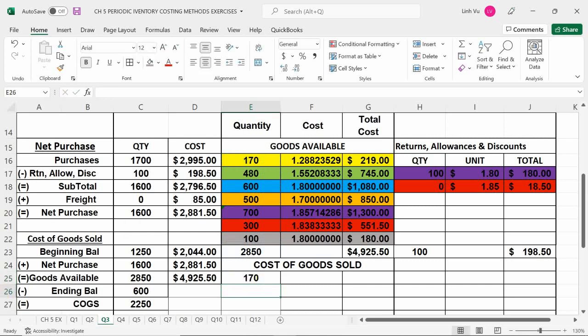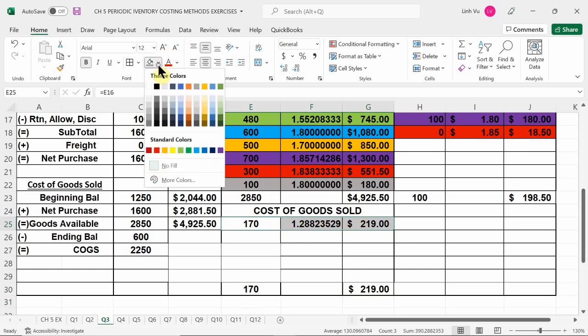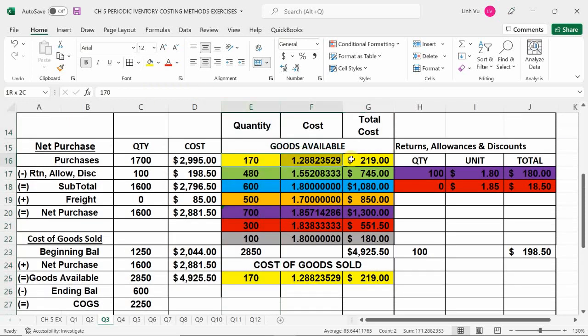Okay, and in this case, I'm going to get rid of all of this yellow batch right here for that $219. So I got rid of this one.